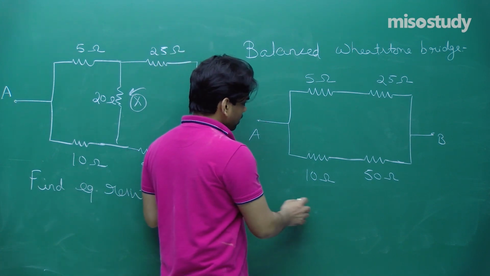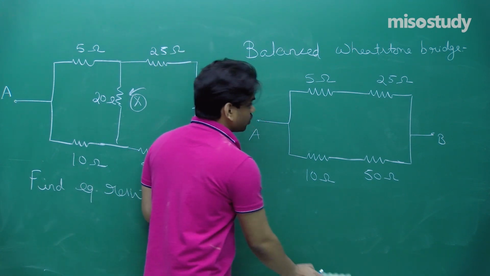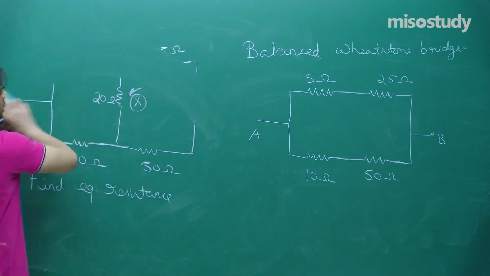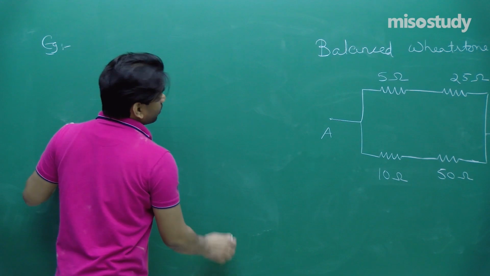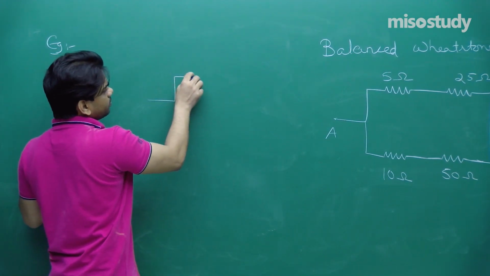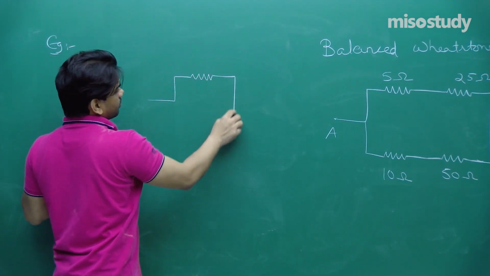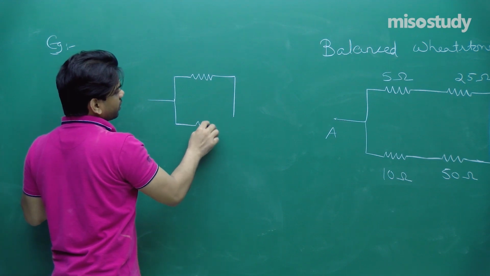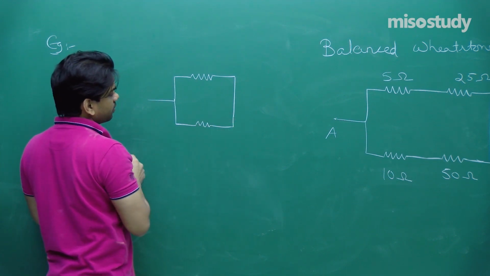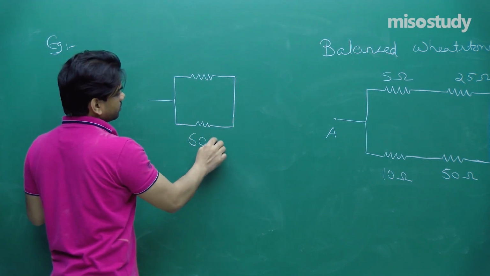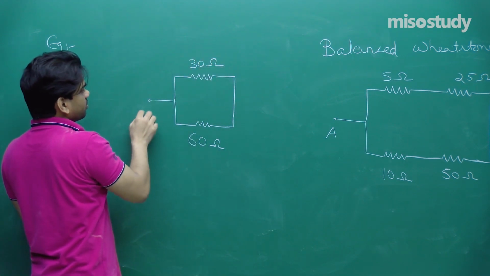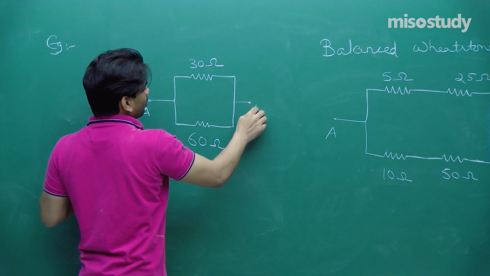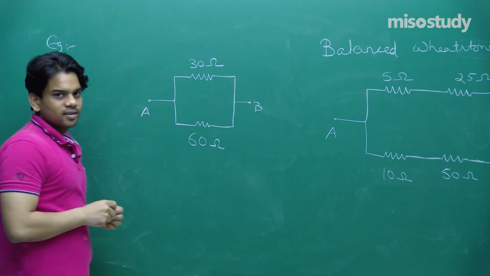So finally the equivalent resistance, if I draw the circuit, I'm rubbing this diagram, I believe you would have taken it down, and now we'll be obtaining 5 plus 25, 30, 10 plus 50, 60 ohm. This is the combination we are going to get, 30 ohm and 60 ohm.